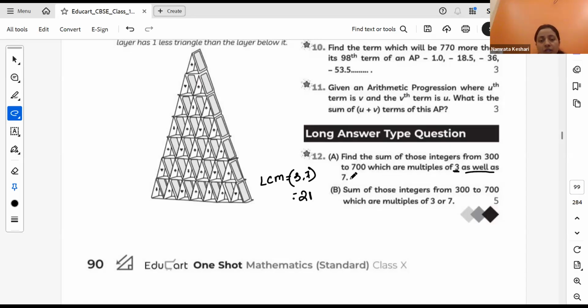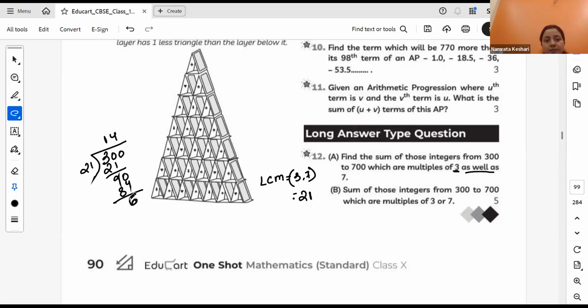So from 300 to 700, if we divide 300 by 21, what are we going to get? 21 1 times 21, 21 4 times 84. 4, 1 times 4, 4, 2 times 8.